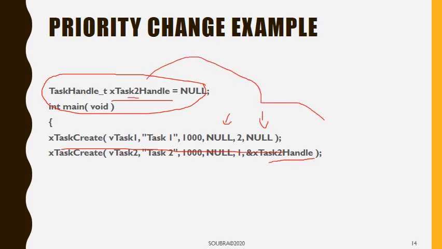So the task number 2 handle that I've defined here, it doesn't really matter if I initialize it with null. This is an initialization, and this is what we're gonna use here. So I'm giving this handle to task number 2. Whenever I use the handle of task number 2, it would be this one. Fair enough.